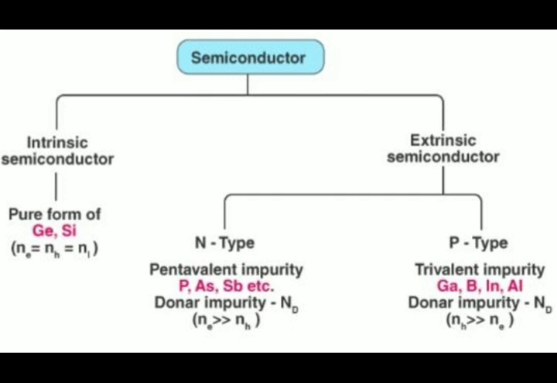Let's continue our topic, chapter number 14, semiconductors. In the previous video lecture I had explained the types of semiconductors. Basically, semiconductors are of two types: intrinsic semiconductor and extrinsic semiconductor.